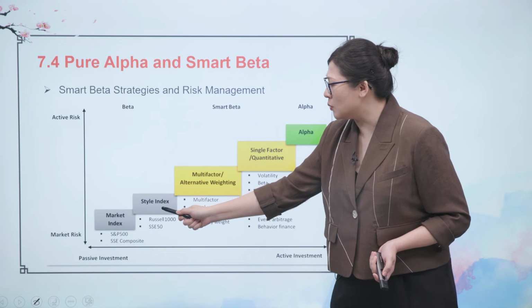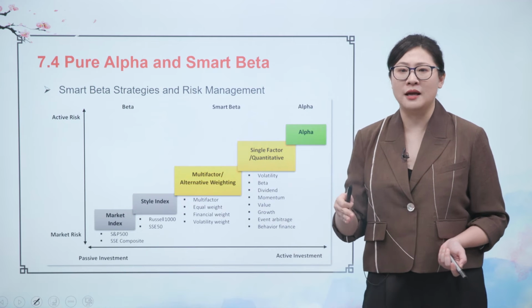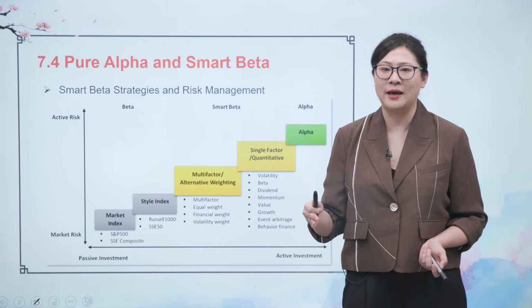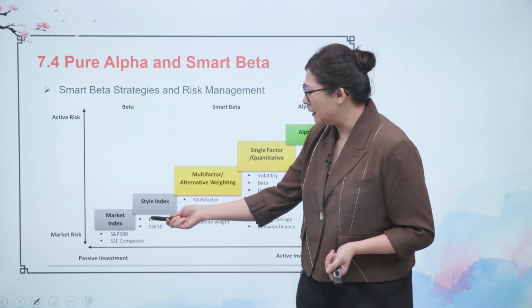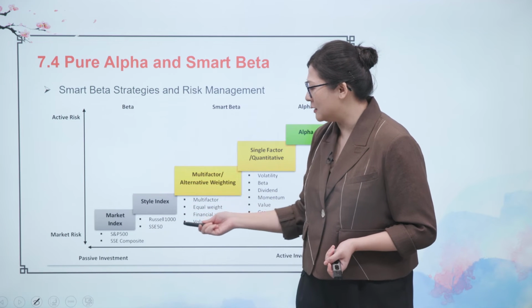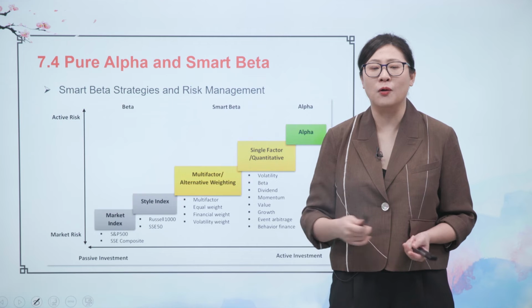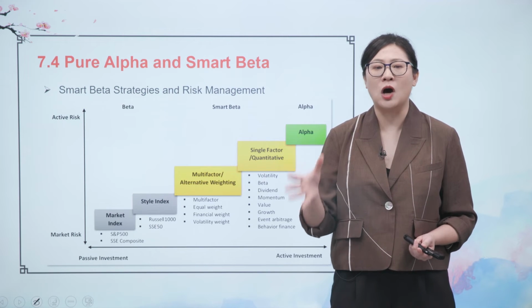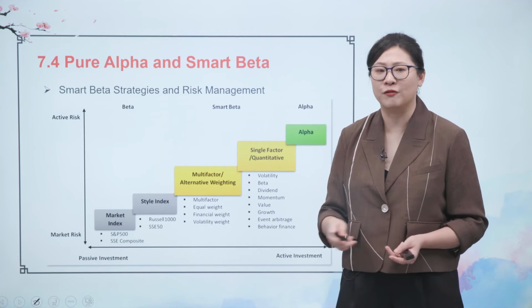The next one is the style index. We can construct an index based on different styles. The example is the Russell 1000, which I have explained before: you only choose the top 1000 biggest market cap stocks in the portfolio.